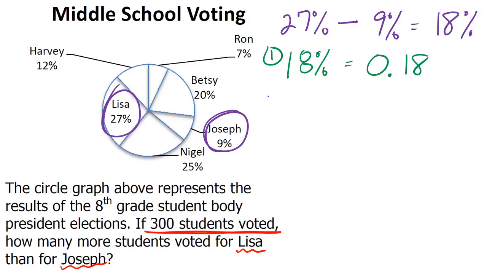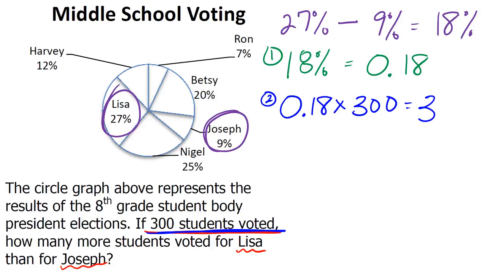Then step 2, I take our decimal, 18 hundredths, and multiply that by the total number of votes. There were 300 votes. When I do those calculations, there is a difference of 39 votes between Lisa and Joseph.